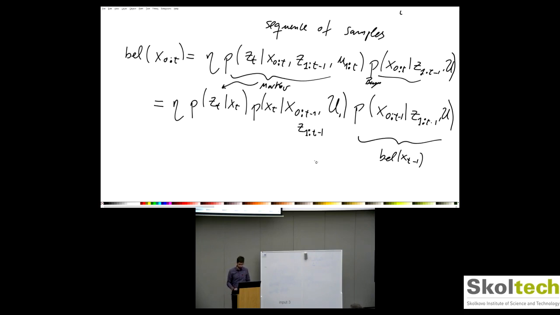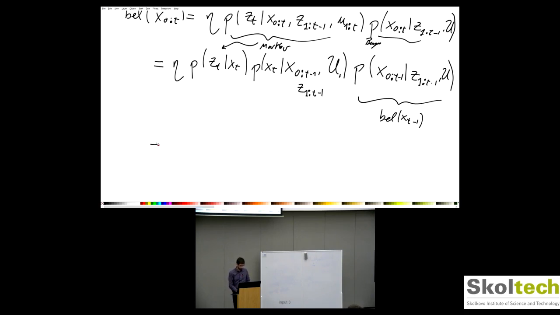Okay. So far it's very similar to what we already obtained. There's going to be a recursive form depending on the previous belief, right? This is the likelihood function as we had from the observations.